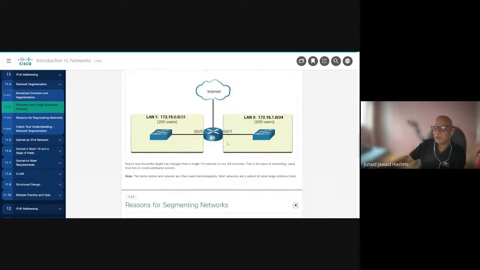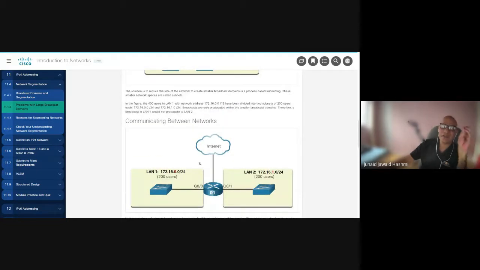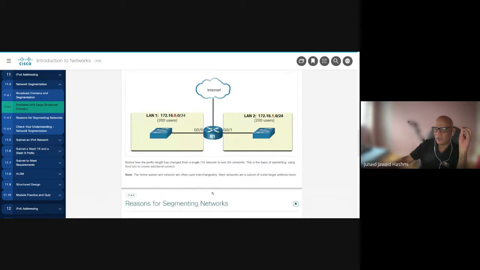How do different segments or networks communicate with each other? They communicate through the router. So this is a very typical setup. If you're going to be working in Montreal, it is actually the hub of mid to small businesses. We don't have multinational companies headquartered here in Montreal.